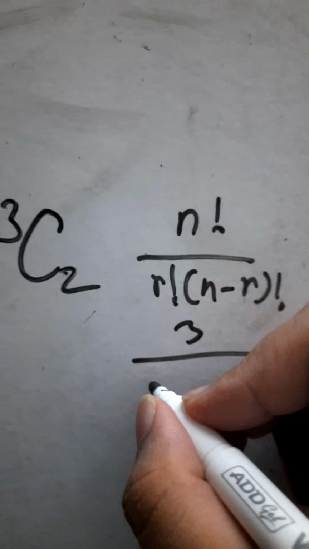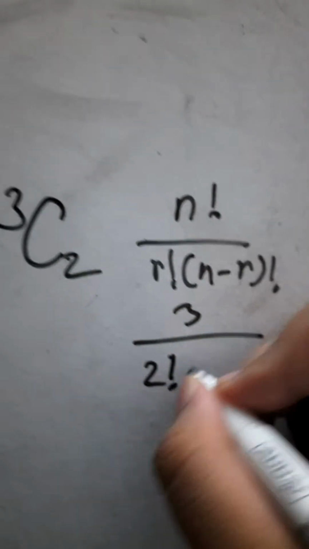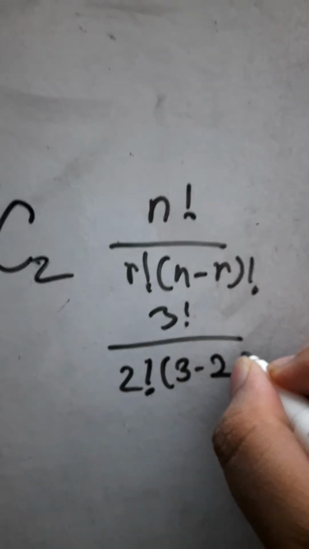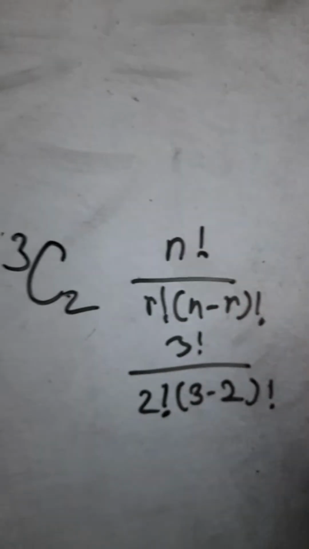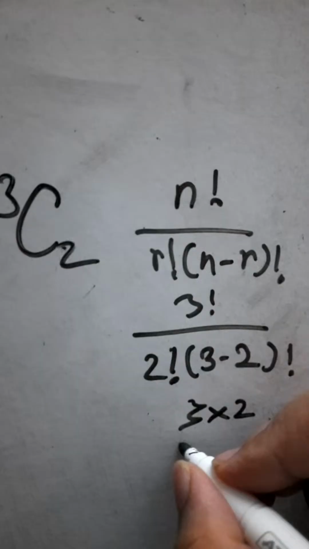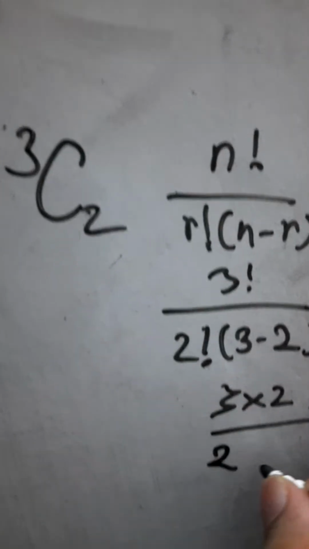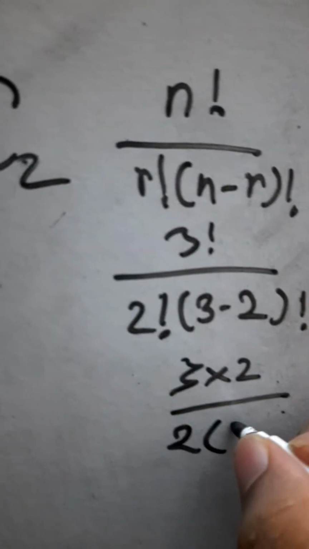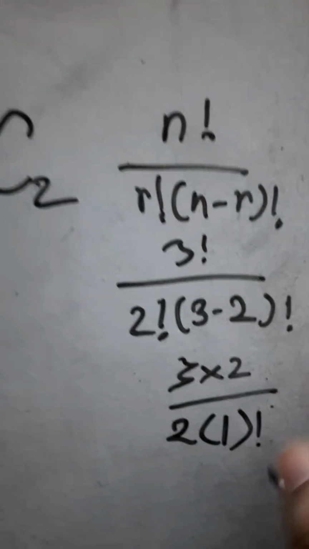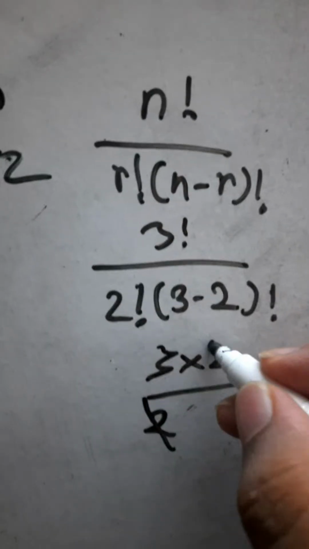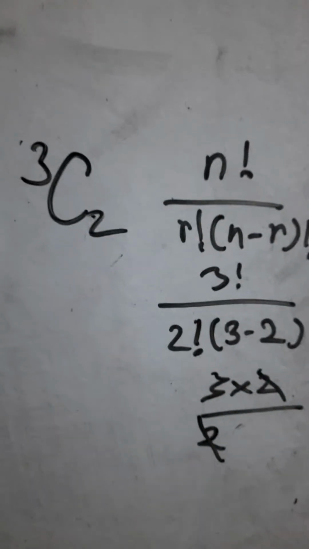So here 3 factorial is 3 into 2 into 1, and 2's factorial is 2, and 3 minus 2 is 1, whose factorial is 1. So 3 into 2, so 2 gets cancelled, and 3 remains or something.